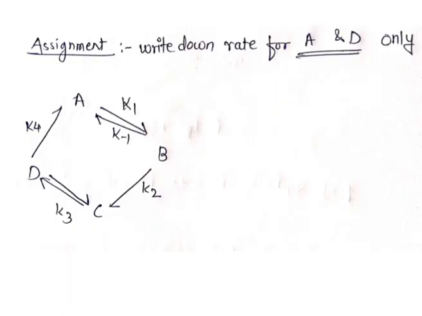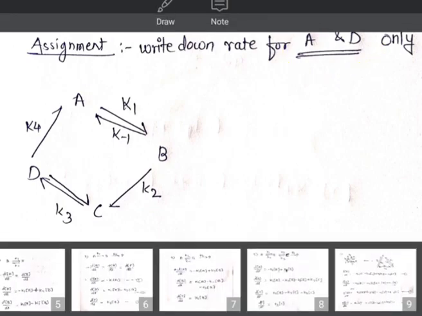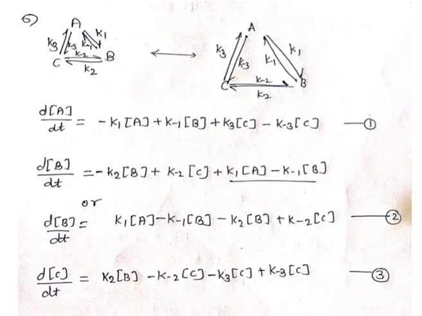In the same way you can write down the rate for this. Here A gives B, B gives C, C gives D, and only A to B and C to D have a reversible reaction, and you have to note down the rates of A and D only. So see, here is one change.